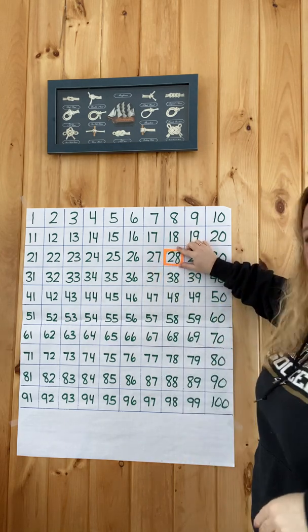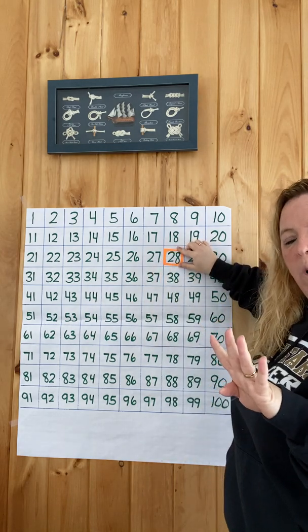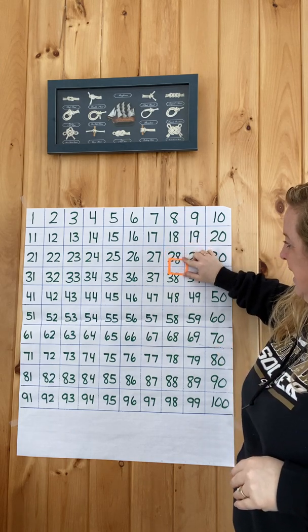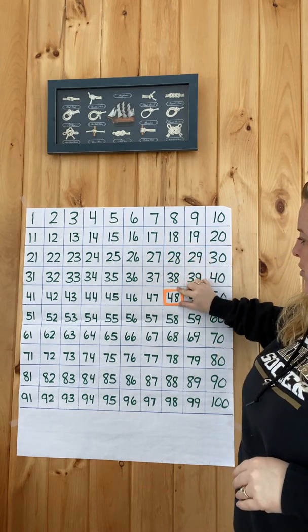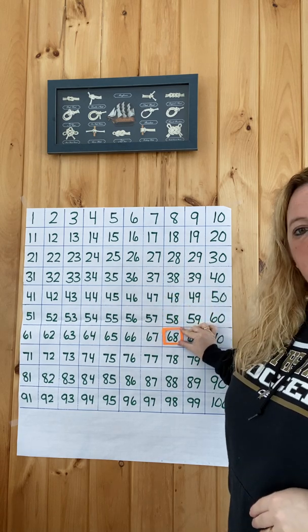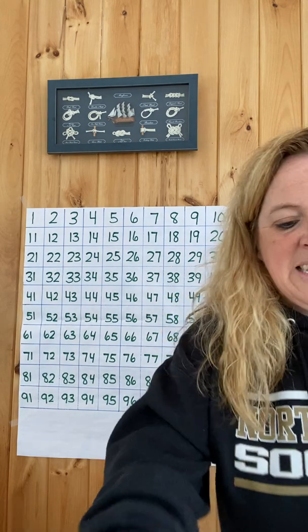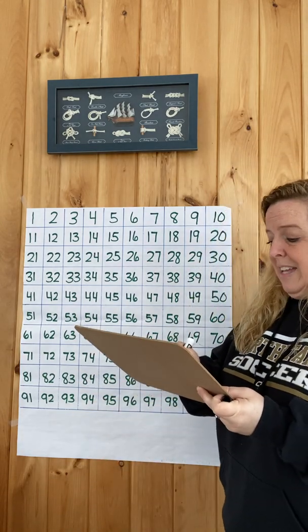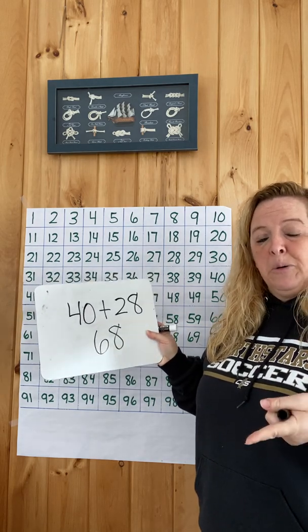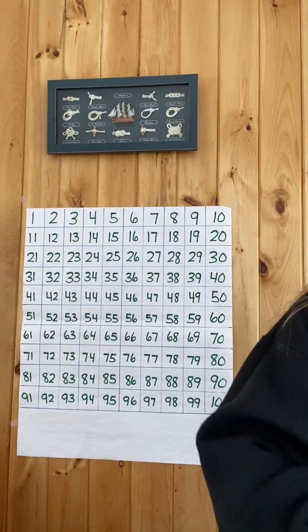Yup. And why am I going down 4? That's right, because each one is a 10. 10, 20, 30, 40. And what was our answer? 68. Do you remember both ways got me the correct answer? You have to find what works best for you. All righty, here we go.